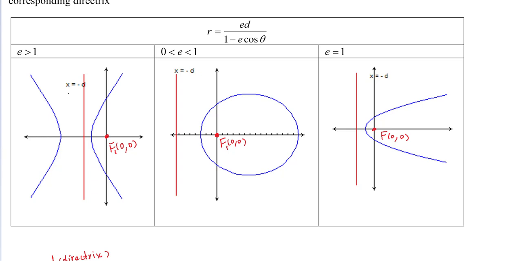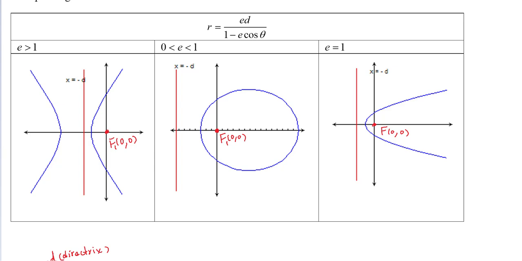Knowing that it's de over 1 minus e cosine theta has something to do with the x-axis: it is a parabola opening to the right, an elongated ellipse with its major axis on the x-axis, or a sideways hyperbola. If it's a plus, then this will be shifted to the other side. I'll go example by example.